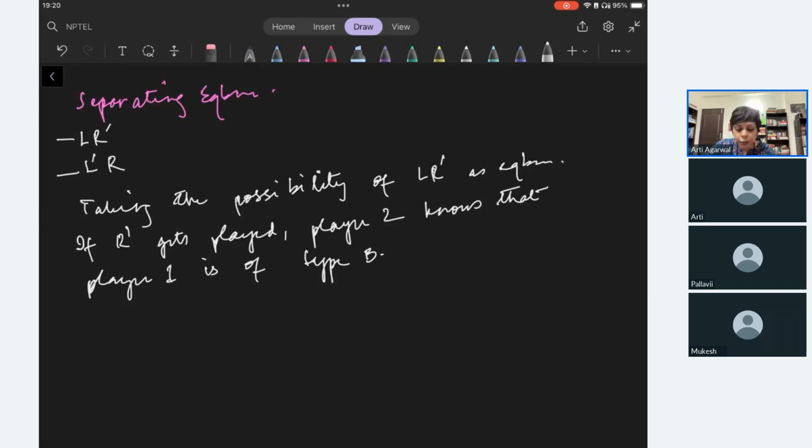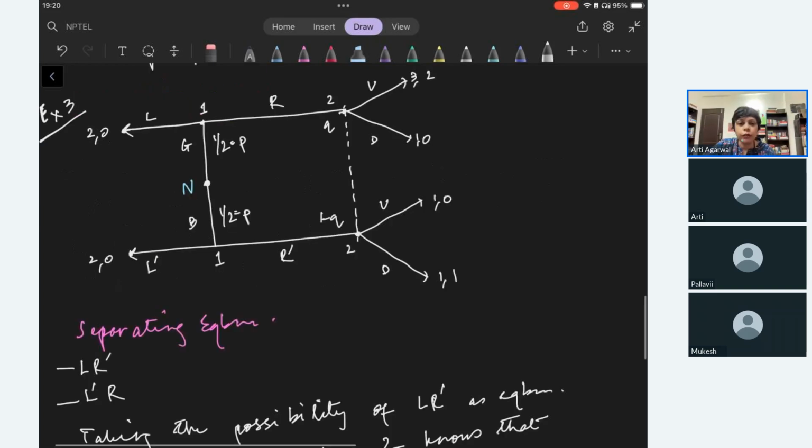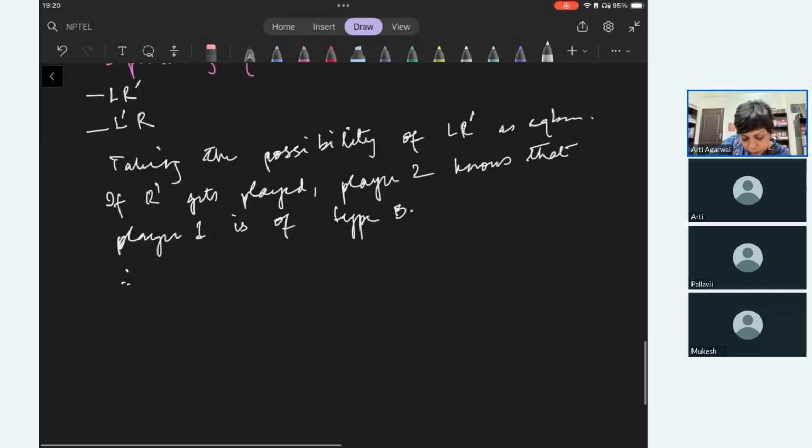Therefore, his belief about which node is reached is no longer a belief. He knows with certainty that 1 minus Q is equal to 1, right? Therefore, 1 minus Q is equal to 1 or Q is equal to 0, right? This is just an extension of what I just said.